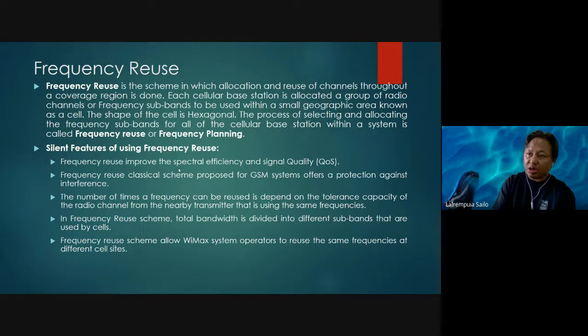Say, in the city of Aizawl, if we did not have cells, then we would need to transmit a very high frequency to cover the whole city, using a single tower, only one tower with a very high frequency. But if we transmit a very high frequency, it is very harmful for human beings, so the regulatory board does not allow it.